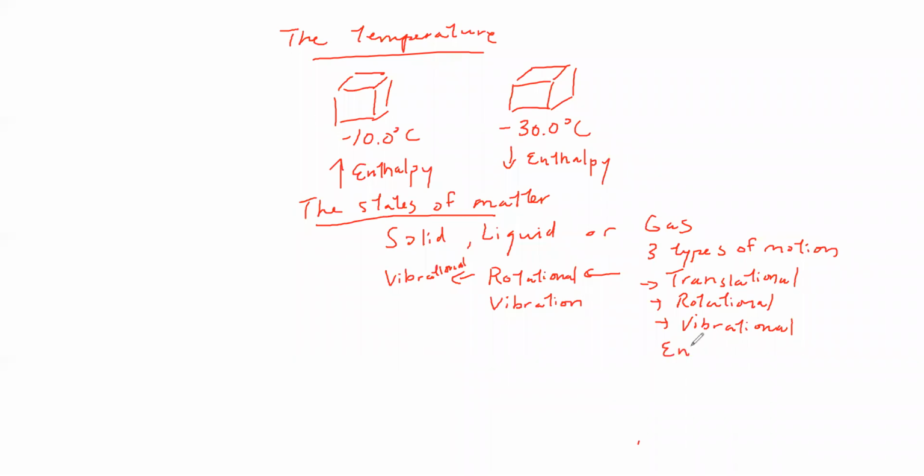So the enthalpy is greatest here in comparison to the enthalpy found at liquid, and then the enthalpy found at solid is indeed the smallest amount, simply because there's less movement when it comes to the solid state of matter.